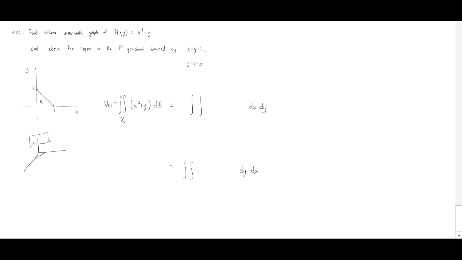So let me focus on this setup first. I'm integrating y on the outside, and in my region y will range from 0 to 1. So I'm going to put 0 and 1 in for my bounds on y.